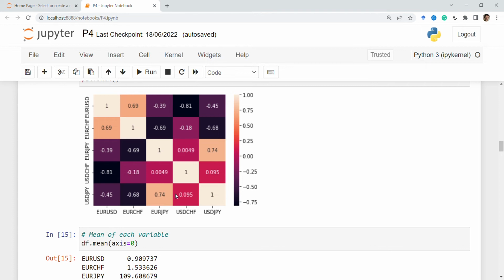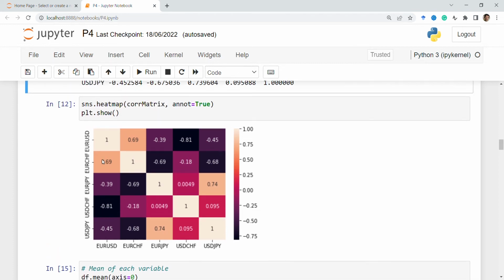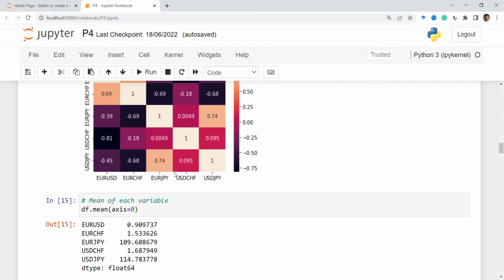We can also see that this one is one of the most related ones: this is euro Swiss franc and euro Japanese yen. The euro here is in the numerator in both cases, so this is a really interesting relationship, because it is not something expected from this inversion from denominator to numerator.